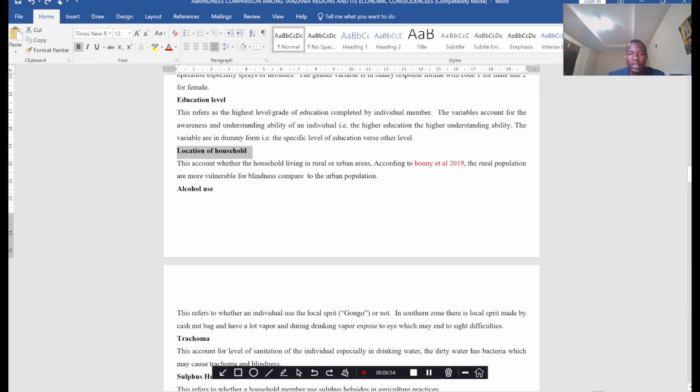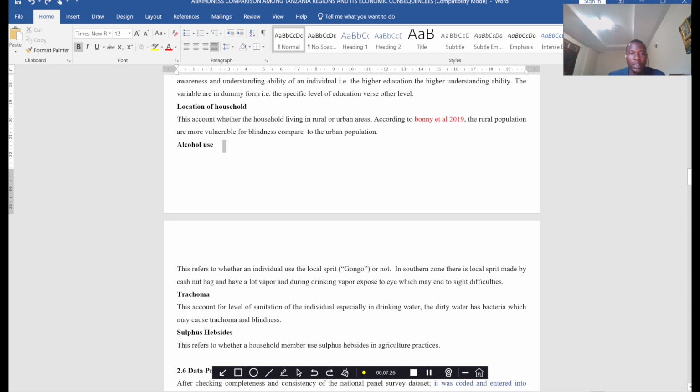Those local spirits, even normal spirits, usually give off vapor. Those vapors, when exposed to the eye, may lead to sight difficulty. So that's why we look at alcohol use as a variable for someone to be blind.